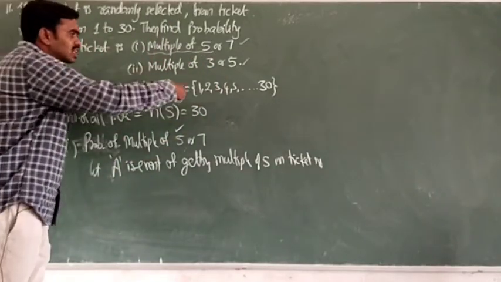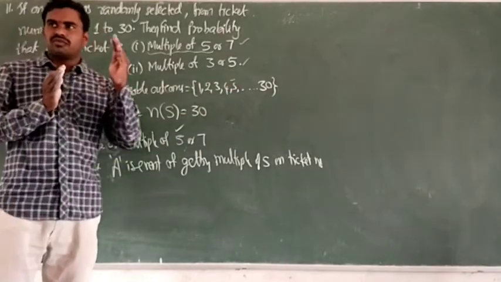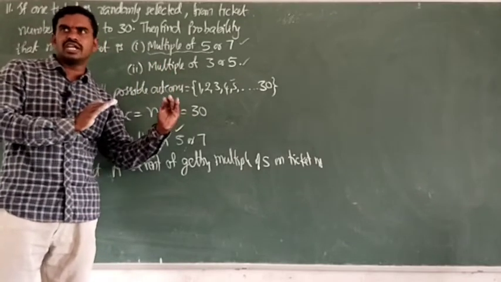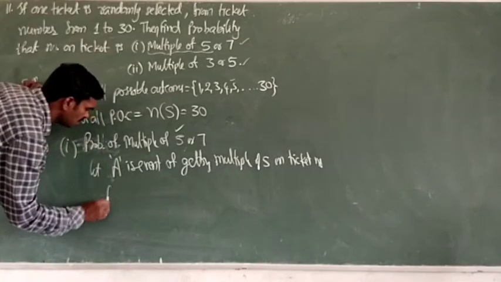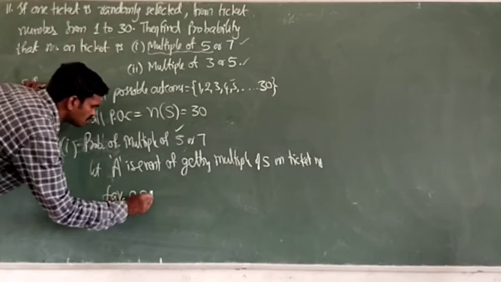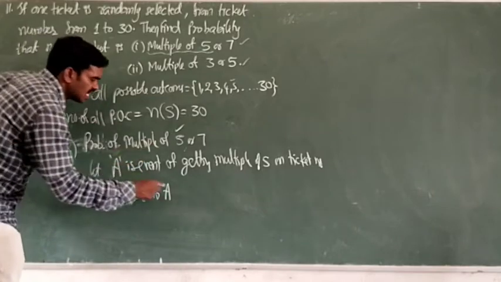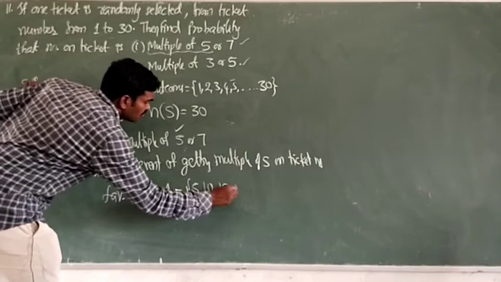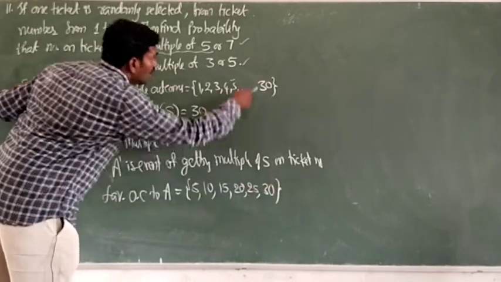In that, what are the 5 multiples? 5 twos are 10, 5 threes are 15, 20, 25. These are the 5 multiples. So favorable outcomes to event A are 5, 10, 15, 20, 25, 30. Up to 30 only.